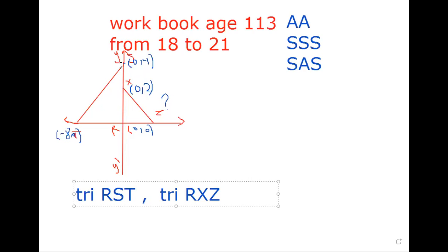S is 0 and 4, so RS is 4. And XR, with X at 0 and 2, is 2.